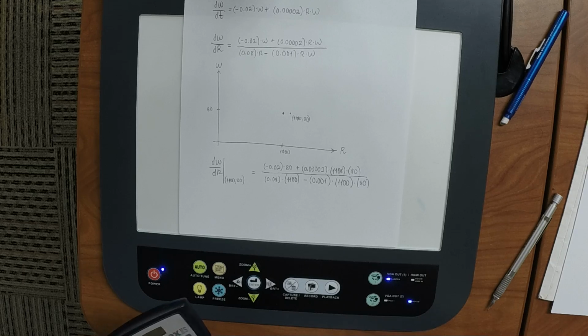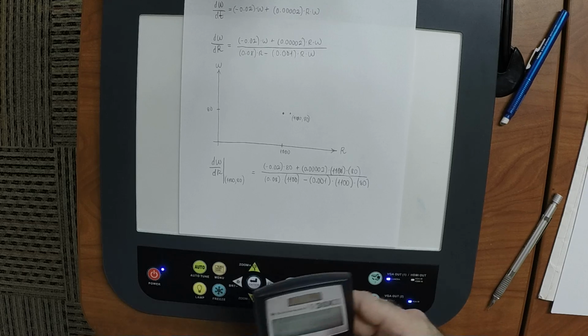All right. So I did it carefully. Oh, okay, of course, I got to divide by 0.